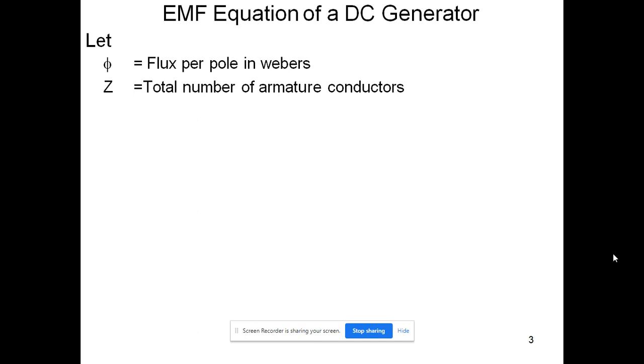In the previous classes, that is in single loop generator, we have taken only a single loop. That is nothing but a single loop consists of two conductors. Here we are considering all the conductors on the armature.